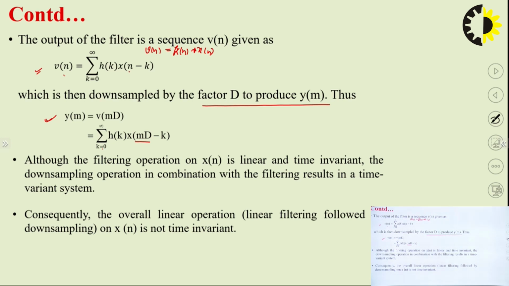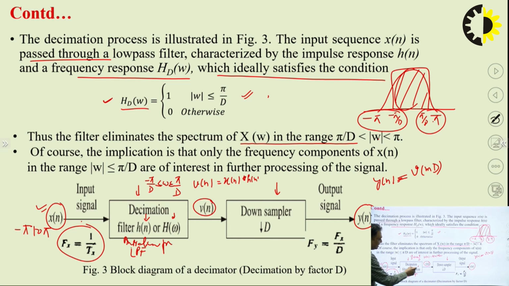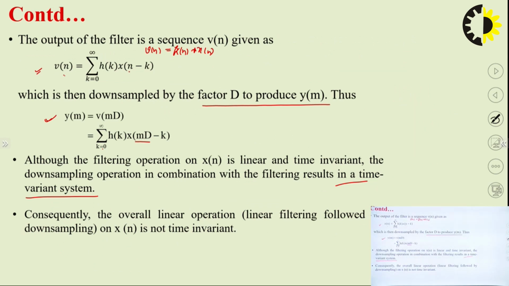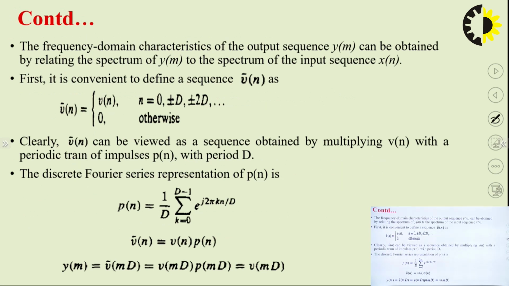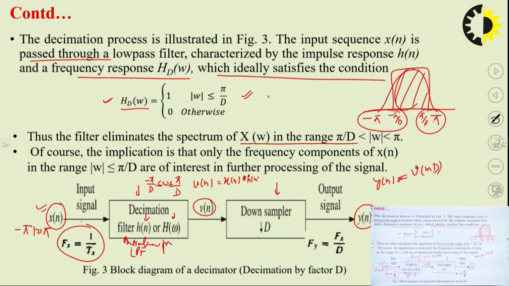Although the filtering operation on x(n) is linear and time invariant, the downsampling operation in combination with the filtering results in a time variant system. Consequently, the overall operation, linear filtering followed by downsampling on x(n), is not time invariant, meaning it is time variant.